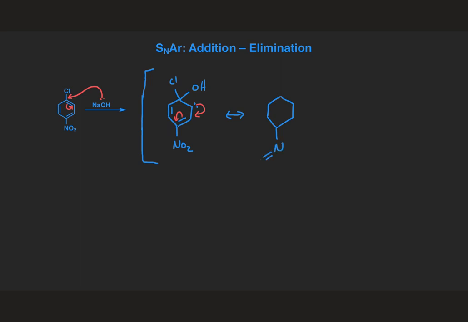This time I'm going to draw out my NO2 group, because that NO2 group can help stabilize this resonance structure by accepting those electrons and kicking some more electrons down on oxygen. Oop, that's not a double bond anymore.